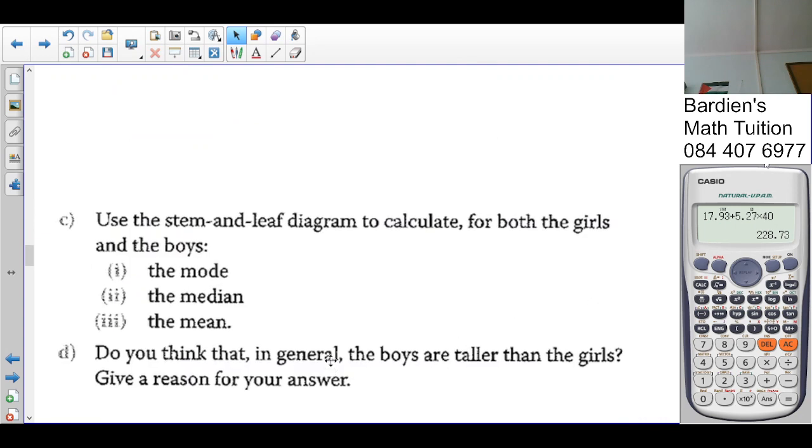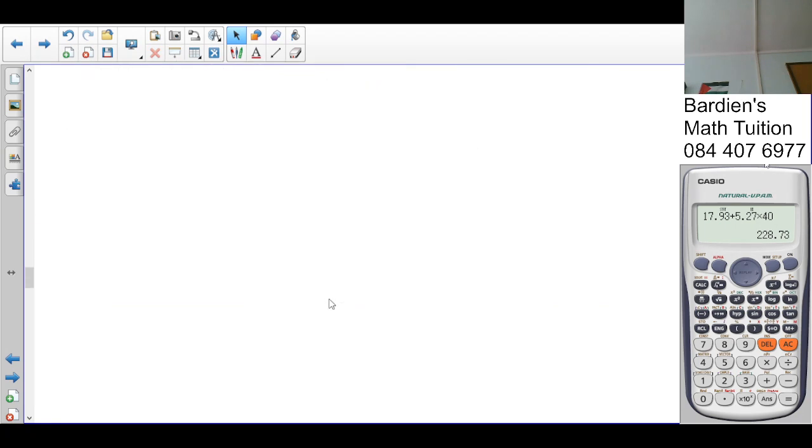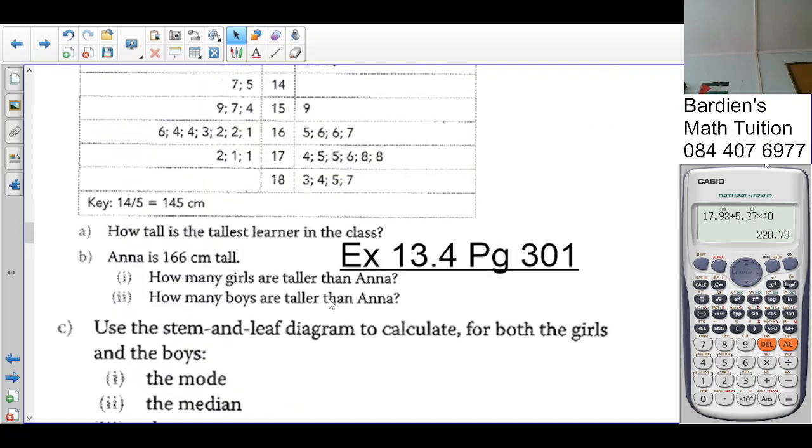There are a lot of questions tonight. I don't think we'll even get to it. How many sums are in that exercise? Only these 2.